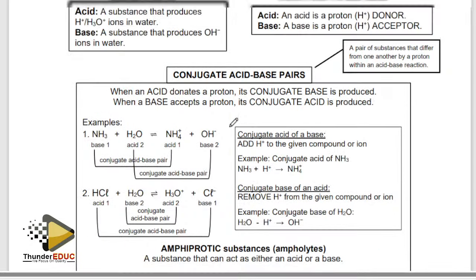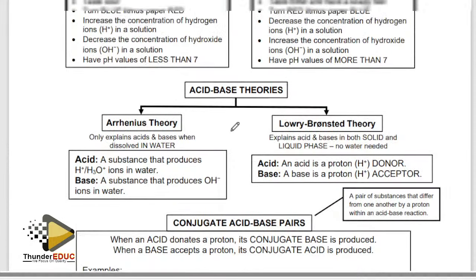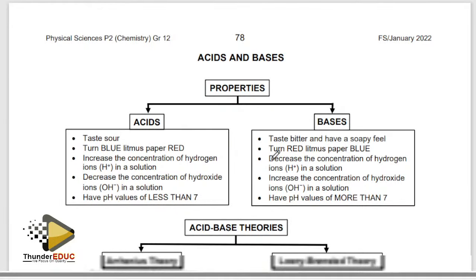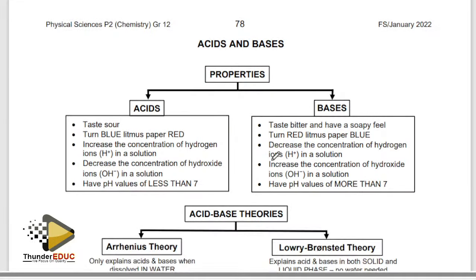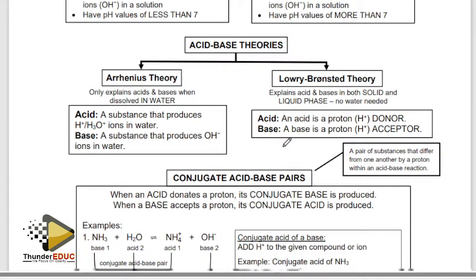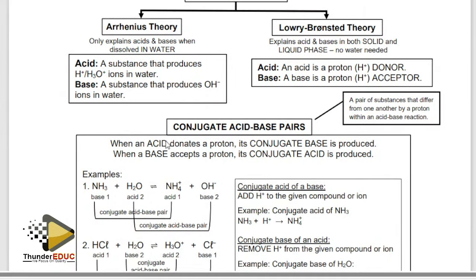All right, so here when you go to acids and bases, there are some things which you need to know. What is an acid based on Arrhenius, and what is an acid and a base based on Lowry-Bronsted? Basically, you have to go knowing that according to Arrhenius, an acid is a substance which produces hydrogen ions in aqueous solution, and a base is a substance which produces OH.